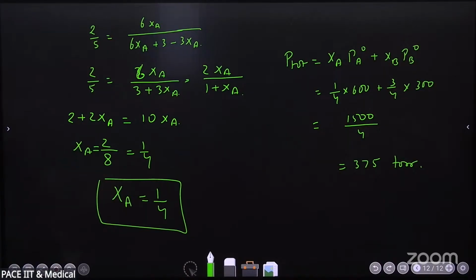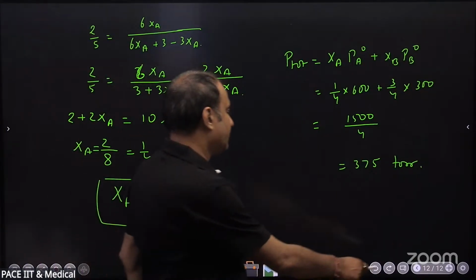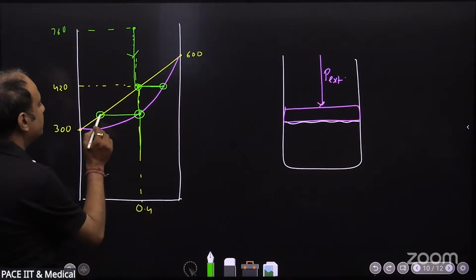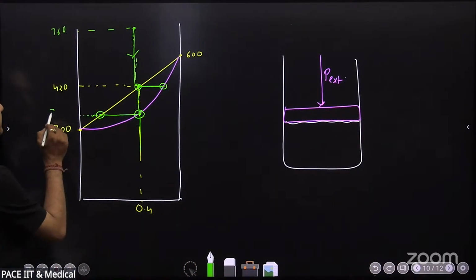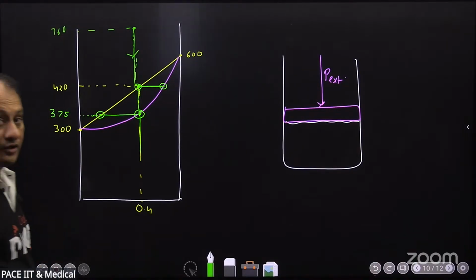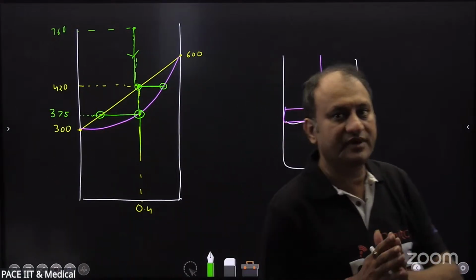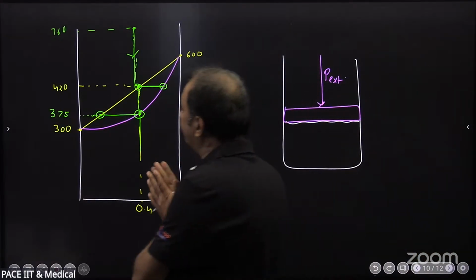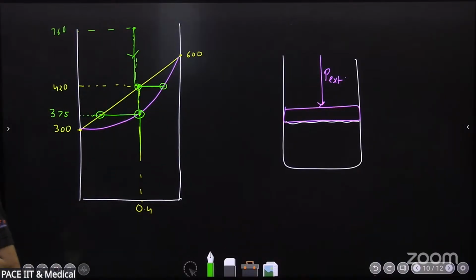So here again what we can analyze from the graph. This pressure will be 375 torr. Okay. So in this mixture, when I mix 4 moles of A and 6 moles of B, if I keep external pressure above 420, then the entire mixture will exist as pure liquid.